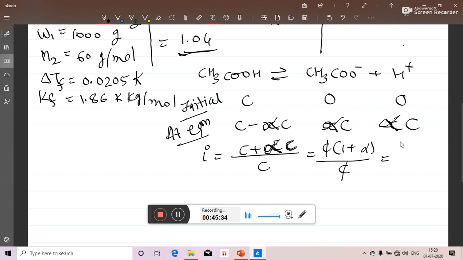So 1 plus alpha is 1.04, so alpha is equal to 1.04 minus 1, that is 0.04. So we have found alpha.